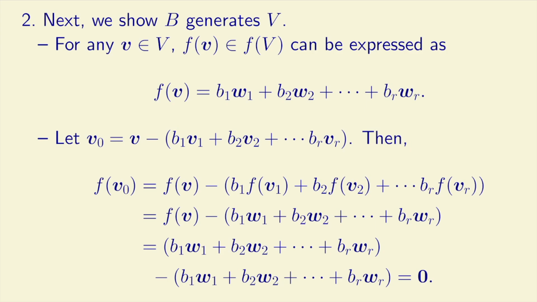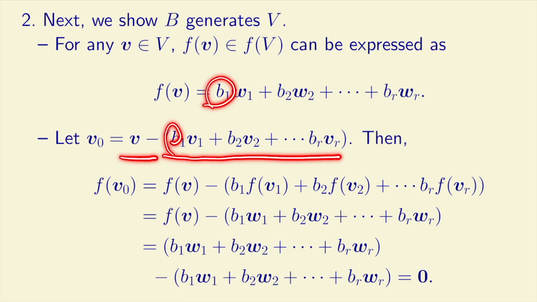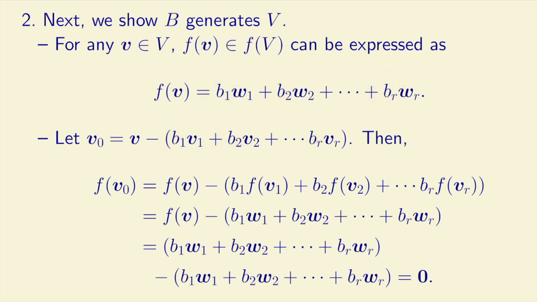And then what? We define a new vector, v0, equals v minus (b1 v1 plus ... plus bR vR). When we apply f to v0, we get f of v0 equals f of v minus b1 f of v1 plus ... plus bR f of vR.